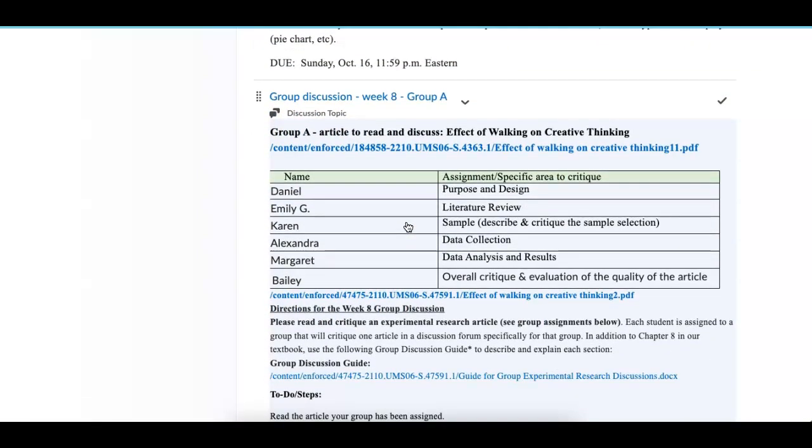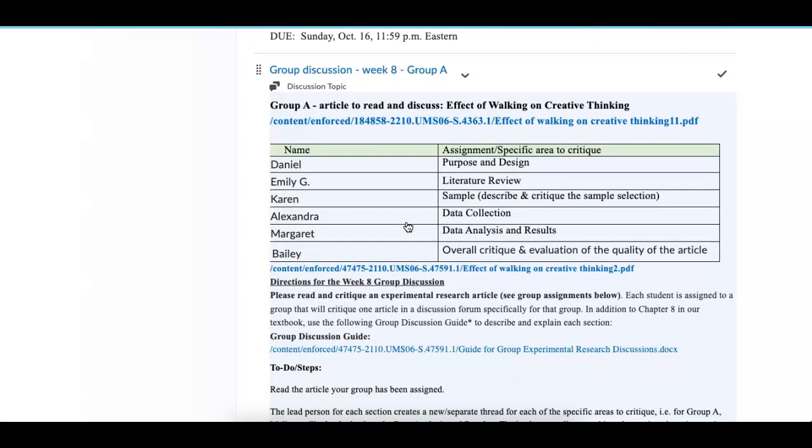Okay, so here's the nuts and bolts for the group discussion. And I'll focus in on Group A because it's the first one that came out. This is the article I'd like you to read, and I spell it out here. Please read the article first, and then you are going to do individual postings.